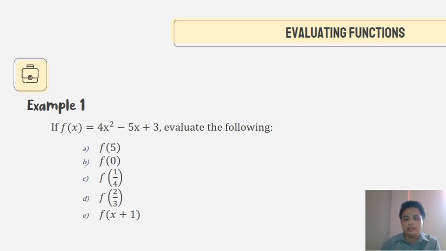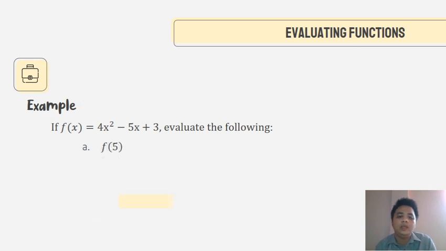So to start, let us start with letter A, f of 5. So now, as you can observe, yung nasa loob ng parenthesis, di ba, f of x, yung x na pinalitan ng number. Ano yung number na pinalitan? Naging number 5. So, ibig sabihin, our value of x is equal to 5.